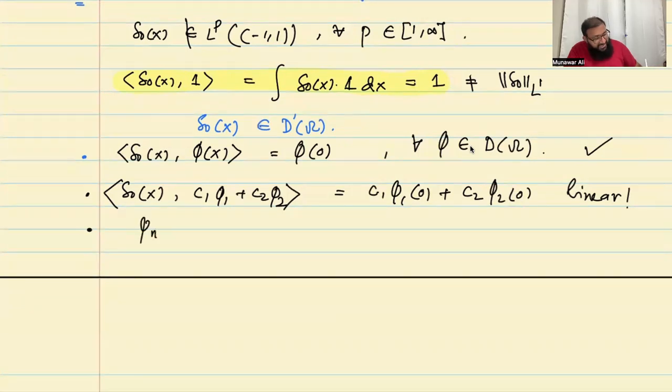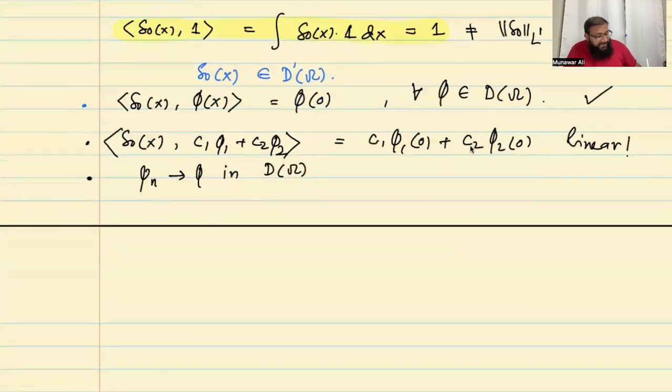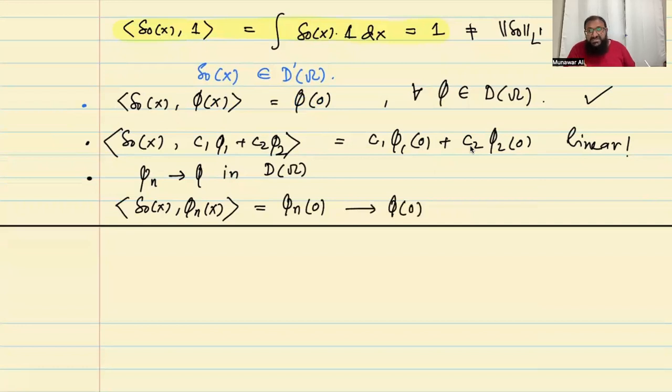So I'm saying that phi n converges to some phi in D(Ω). Then what can I do? I operate delta naught on this phi n of x. This will give me phi n evaluated at 0. Since phi n is a C infinity function, this converges to phi evaluated at 0, because this is a smooth function. So phi n evaluated at 0 should converge to phi evaluated at 0.